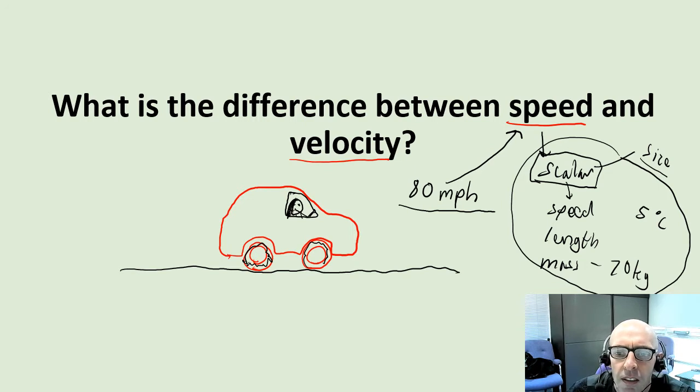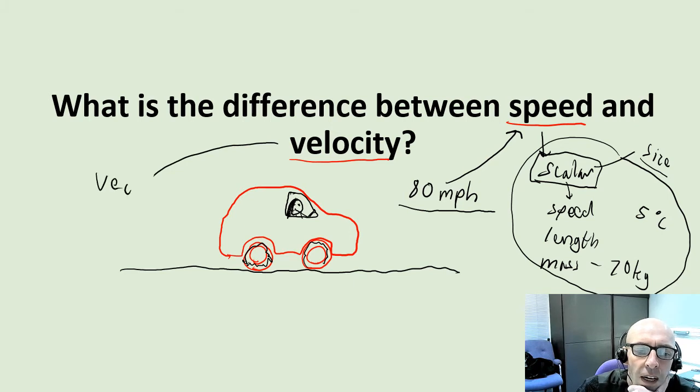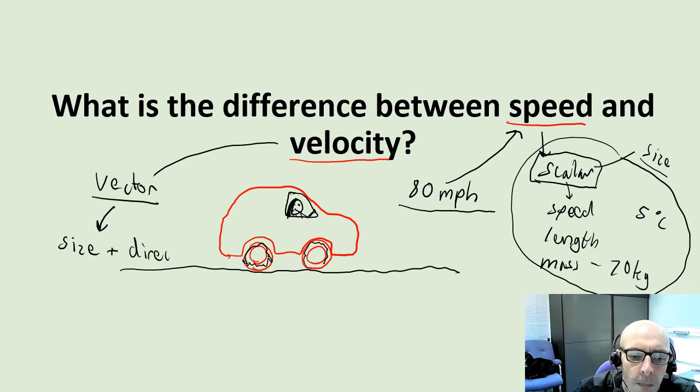So how is that different to a vector? And velocity is a vector. How is that different? Well, a vector has size exactly the same as a scalar, but it also has direction. So now, if I tell you Miss Walker's speed is 80 miles per hour.